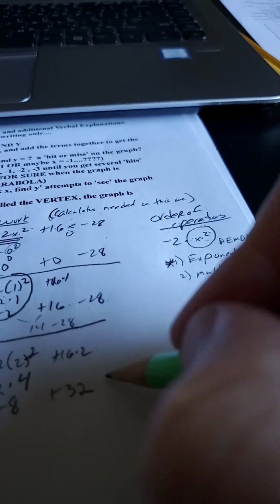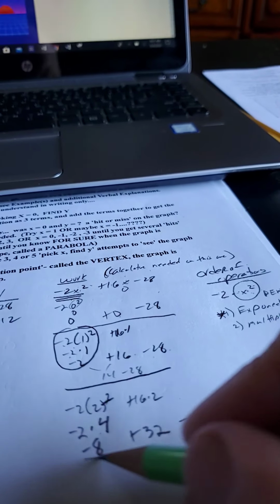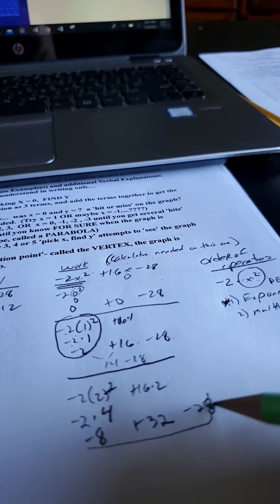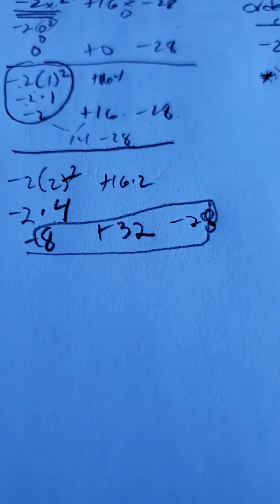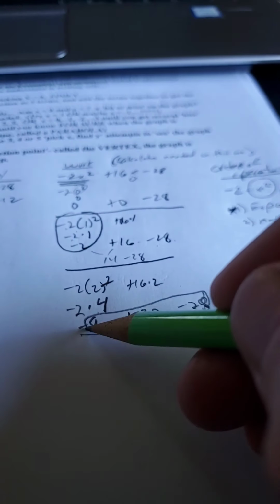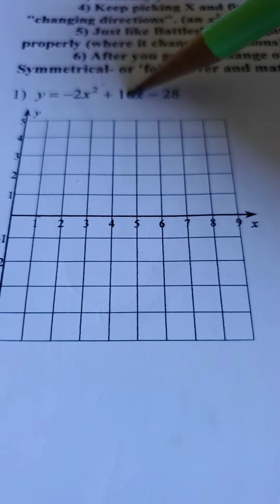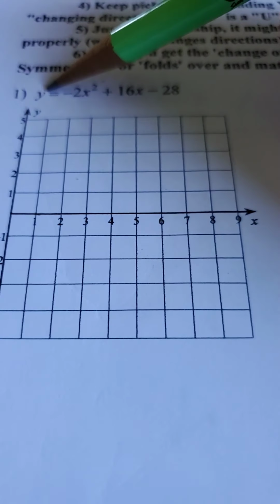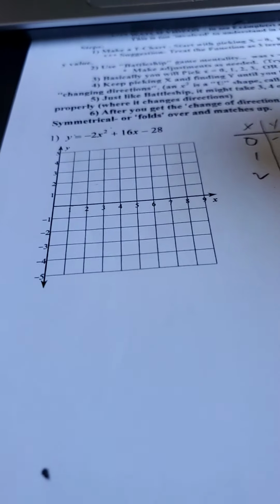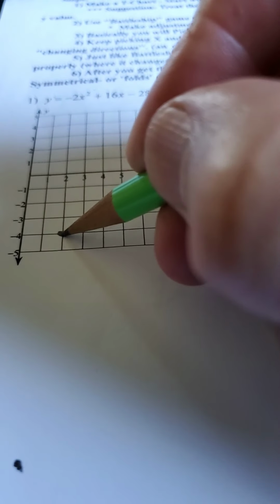And then don't forget your constant of negative 28. Add all those together. A negative 8 and a negative 28 is a negative 36. And a positive 32 is negative 4. When I plug in a 2, all that comes out to negative 4. And we're on the board right there.